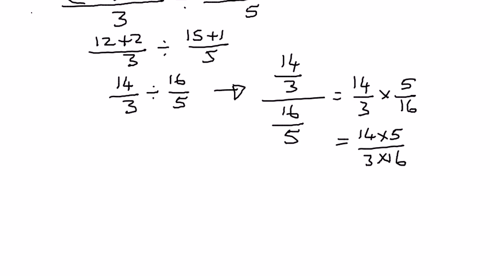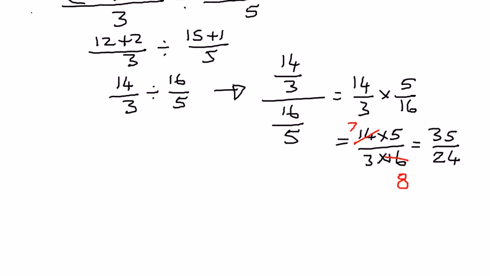Okay, so we can reduce it some more, and the way to reduce it is as follows. 14 and 16 are multiples of 2, so 2 times 7 is 14 and 2 times 8 is 16. So therefore 7 times 5 is 35, and then 8 times 3 is 24. Right?